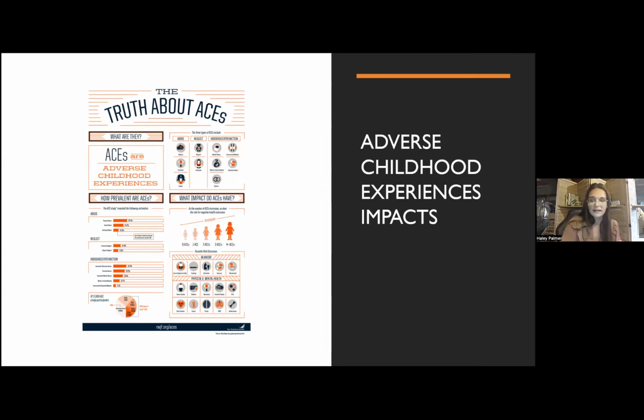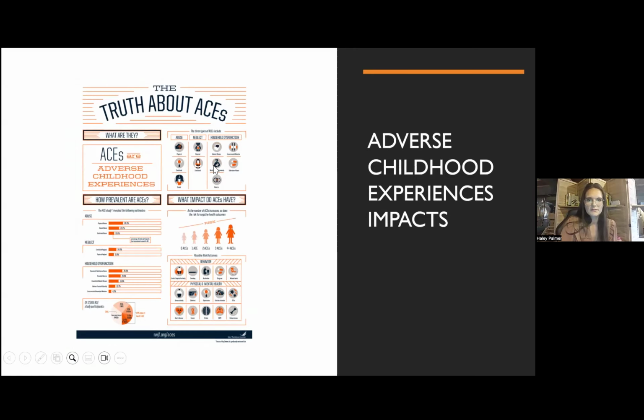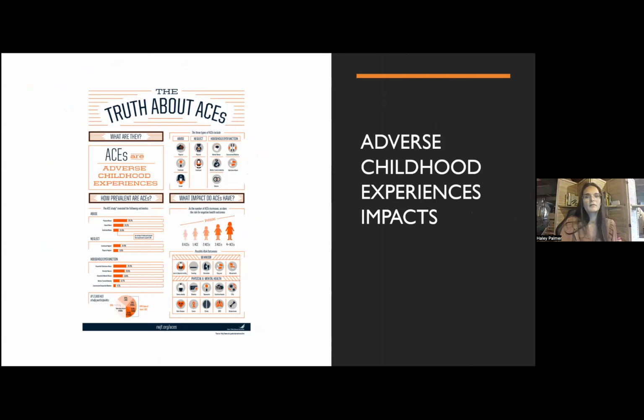So what we define as ACEs are physical, emotional, and sexual abuse, physical neglect, emotional neglect, or these household dysfunctions, such as having a caregiver or parent with mental illness, incarceration, a mother witnessing abuse. I think some people also consider intimate partner violence or witnessing that, substance use, and divorce.